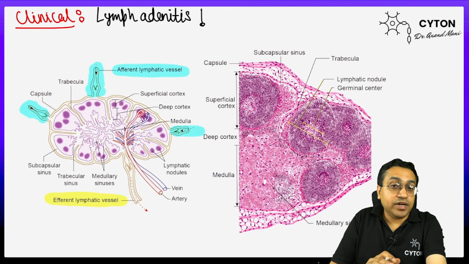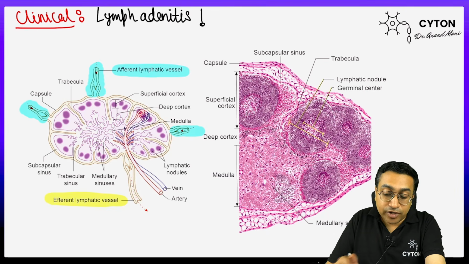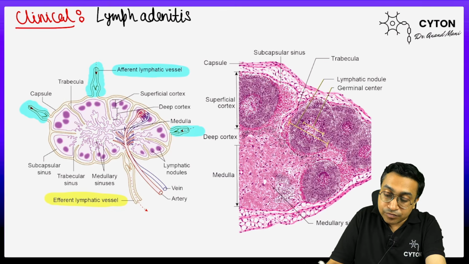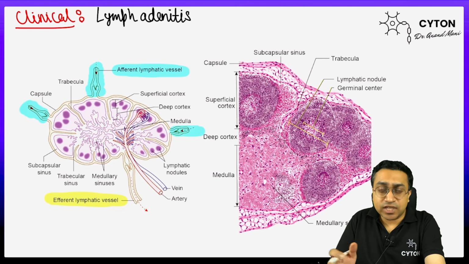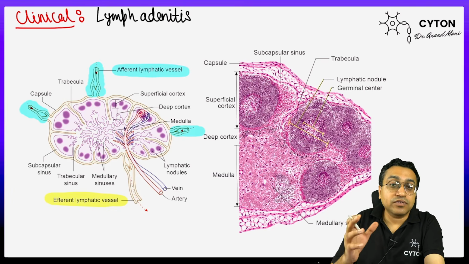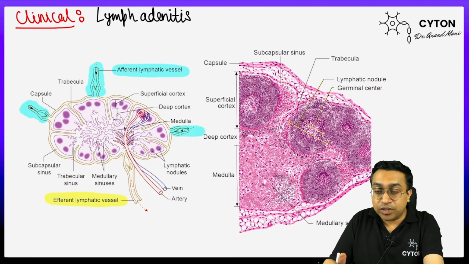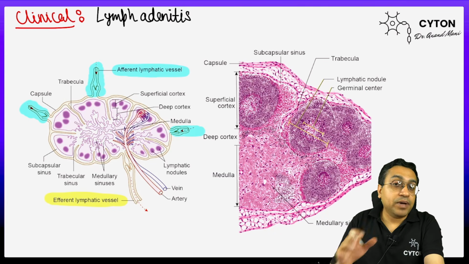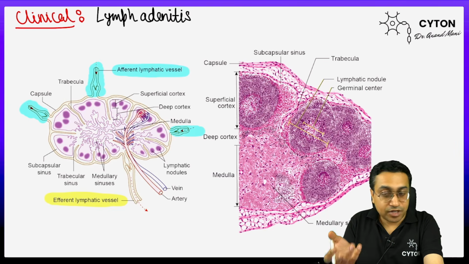In lymphadenitis, the lymph nodes become enlarged due to the proliferation of the lymphocytes. What are the causes of lymphadenitis? That is infection, or spread of cancer cells to the lymph nodes, like metastasis. What are the symptoms? The patient will experience swollen or painful lymph nodes, and fever can also be there. Lymph nodes become palpable only after they enlarge in infections or cancerous conditions.